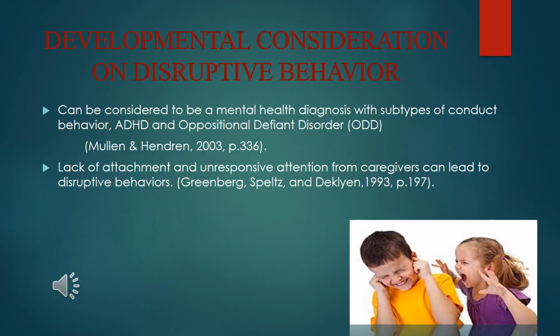Lack of attention that's needed from the caregiver could lead to a display of disruptive behavior. Basically, children who are not securely attached to their parents or caregivers could try to seek that attention by other means, and in the process of seeking attention they would elicit disruptive behaviors.